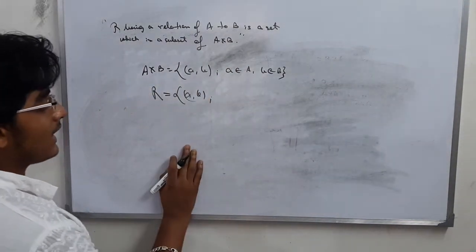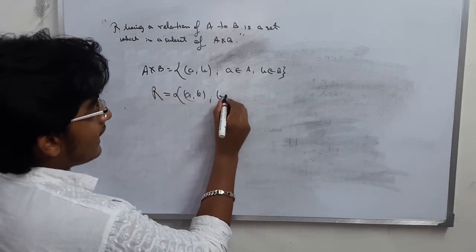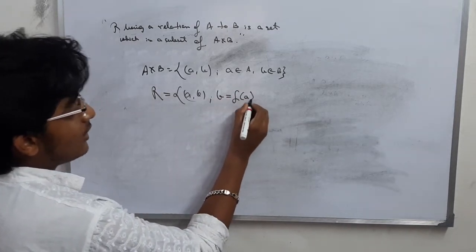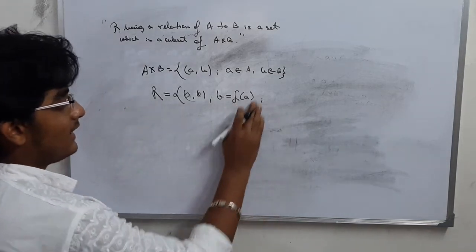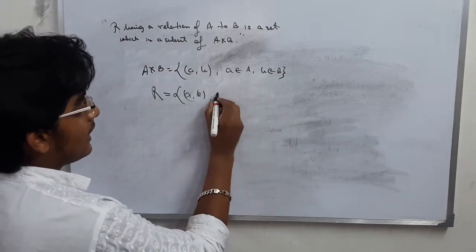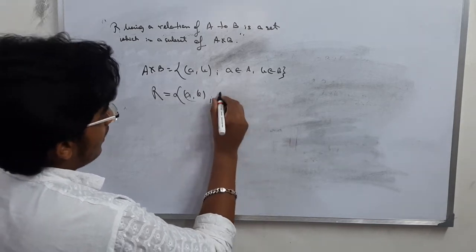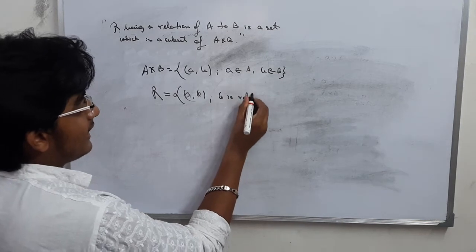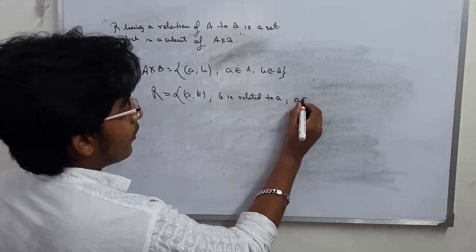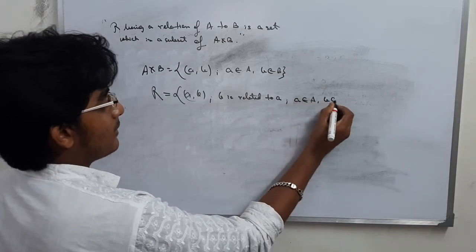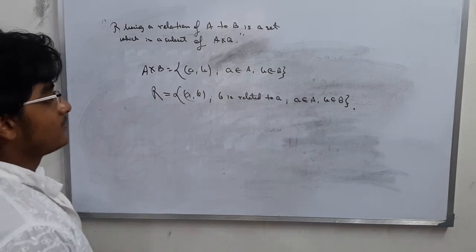The change in notion is that in the relation set, b is related to a in some function form, provided a belongs to A and b belongs to capital B. Now see, this is very much clear.